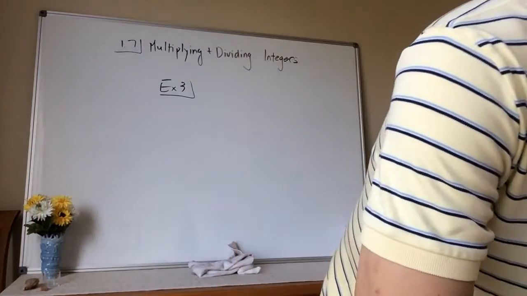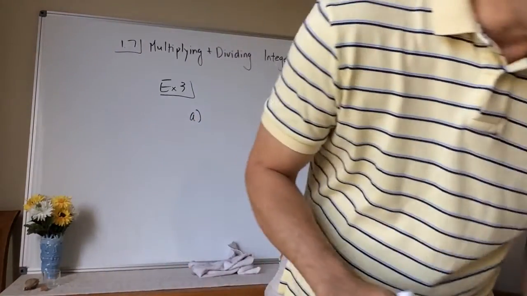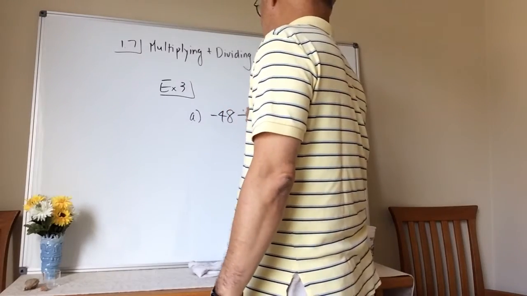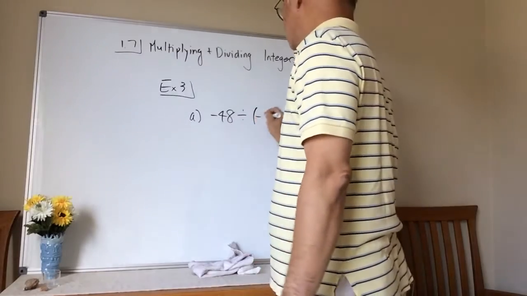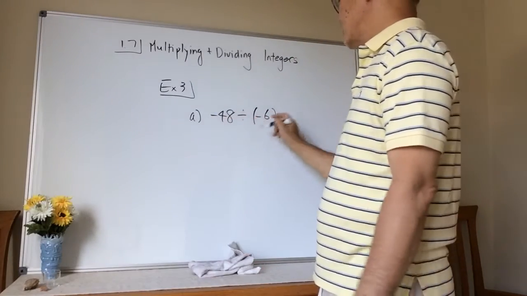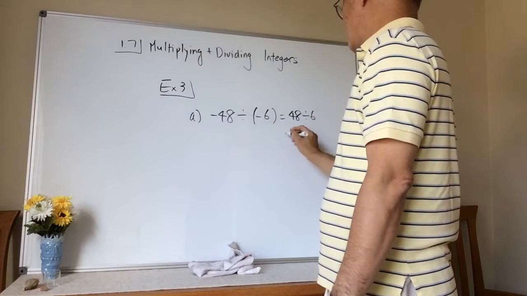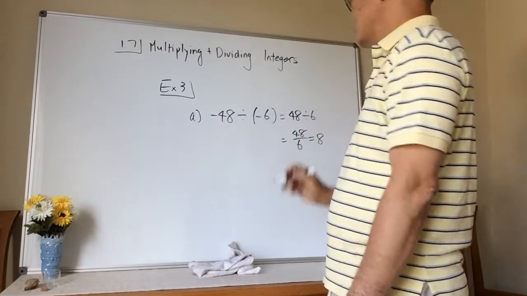Example 3A: we have negative 48 divided by negative 6. A negative divided by a negative is positive, so it's 48 over 6, which is 8.